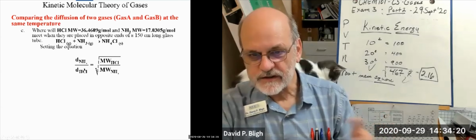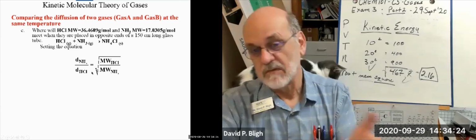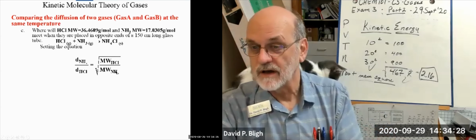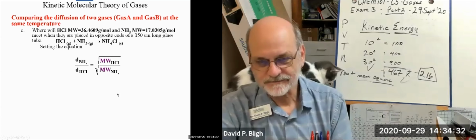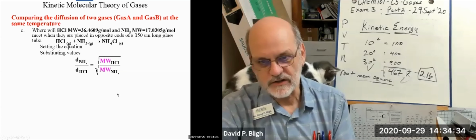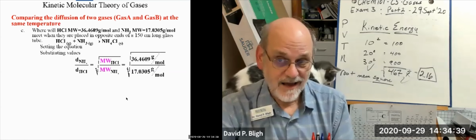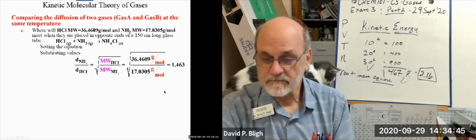If we know this distance and that distance, and we say we knew hydrogen chloride, but we don't know ammonia, then you can solve for the one unknown. But for this demonstration, we're actually going to calculate what is the ratio of the two. Right? So there, 1.463.